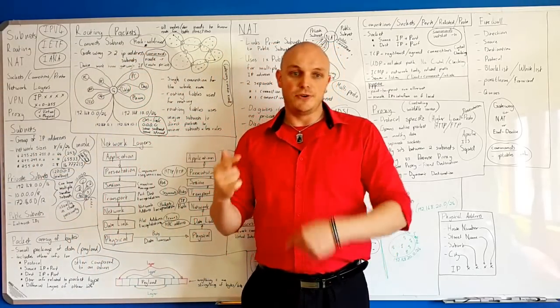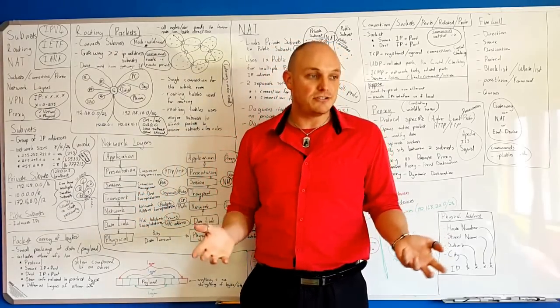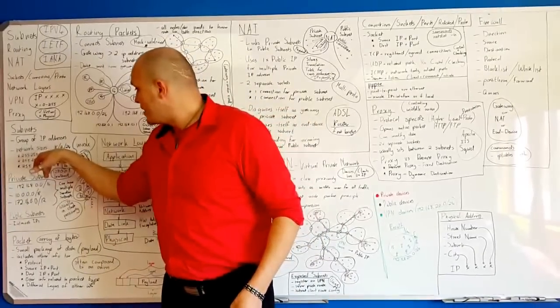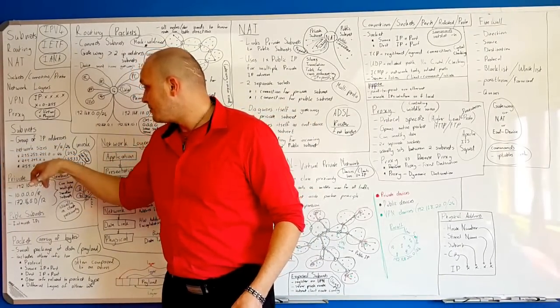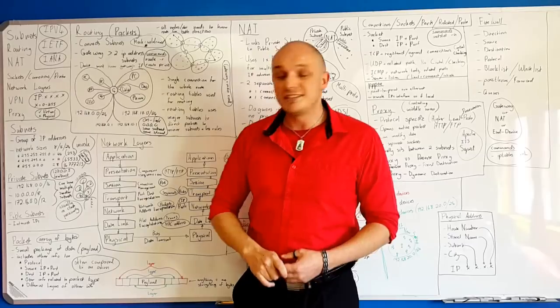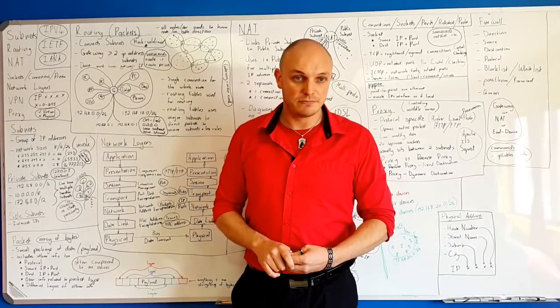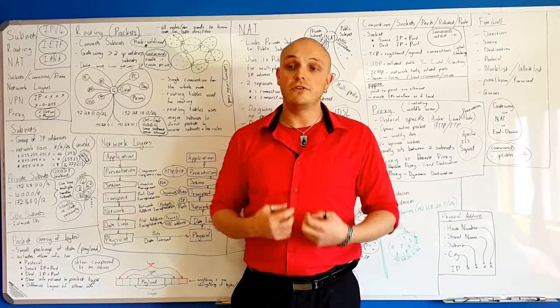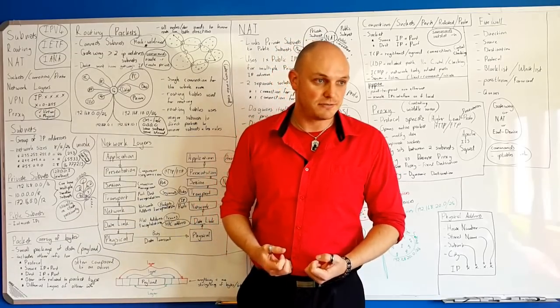It does work in reverse: the bigger the number, the smaller the amount of addresses. So 24-bit will mean that one, 16-bit will mean that one, and 8-bit will mean that one. You can see the 8-bit one can carry up to a little more than 16 million addresses. So that's a massive network, or a group with a lot of IP addresses.